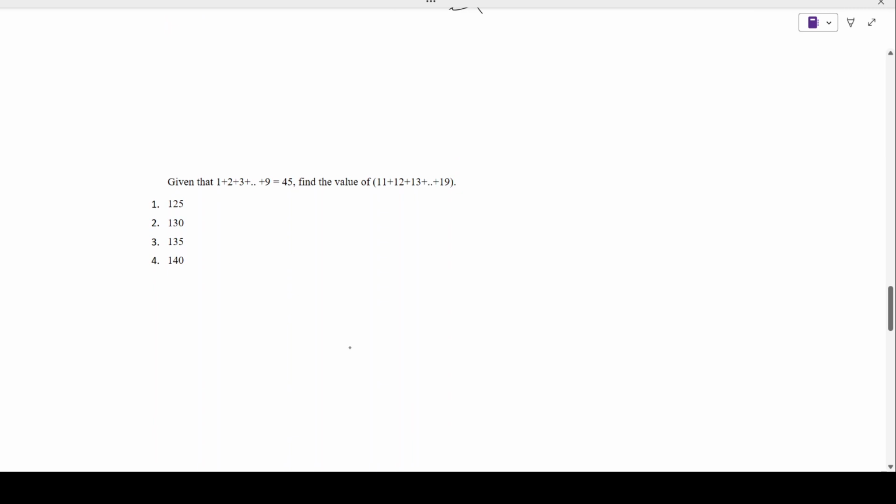Moving to the next question, we are given that 1 plus 2 plus up to 9 is equal to 45. Find the value of 11 plus 12 plus up to 19. There are two ways to solve this question.